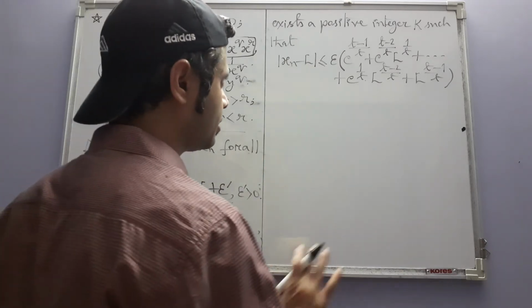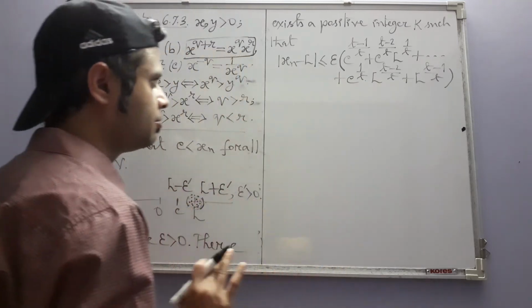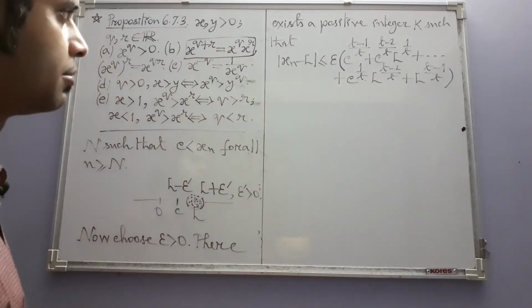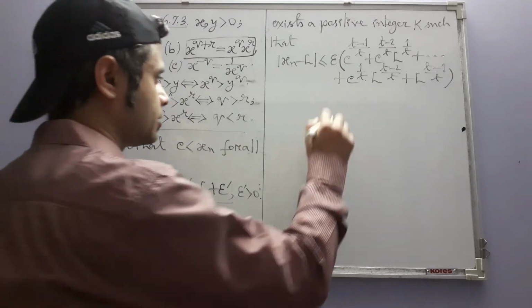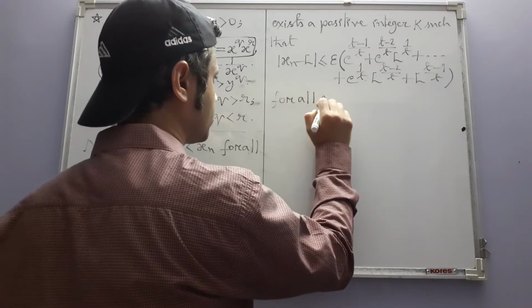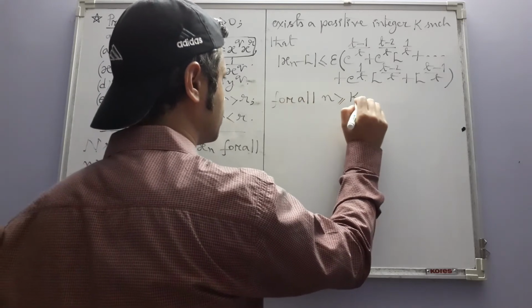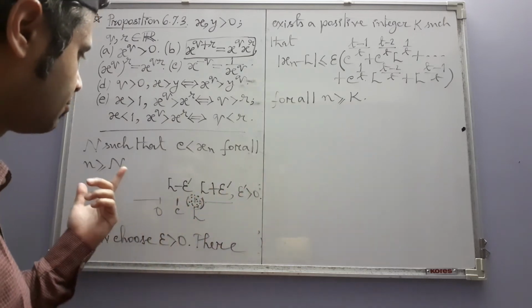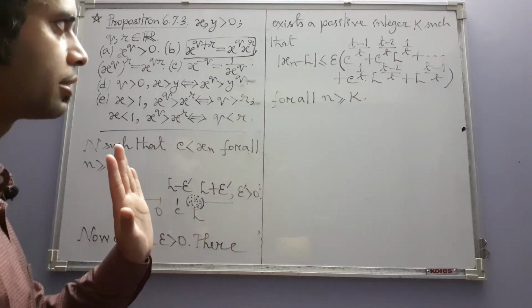The point here, as of now, we only need to make sure that the right hand side is a positive real number. Let us complete the sentence. For all n greater than or equal to k. And this fact of course comes from the fact that L is the limit of xn.